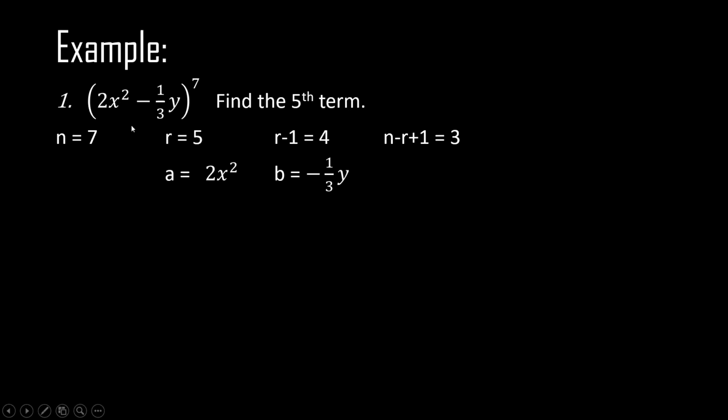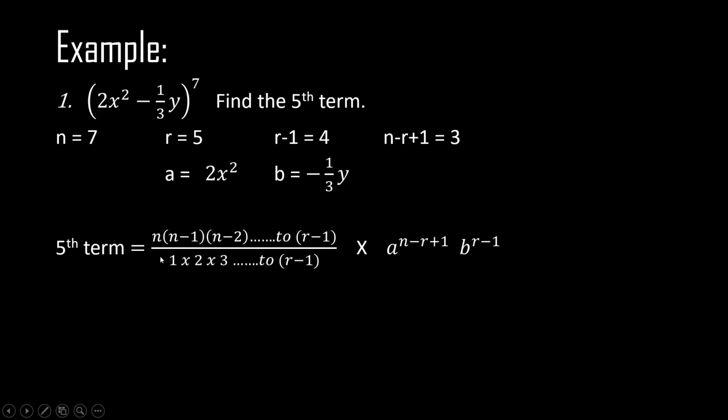And then a, which is the first term, is 2x squared, and b, which is the second term, is negative 1/3 y. Take note that in this topic, you must carry the sign of the coefficients or of the variables here. So now let's substitute this to the formula.